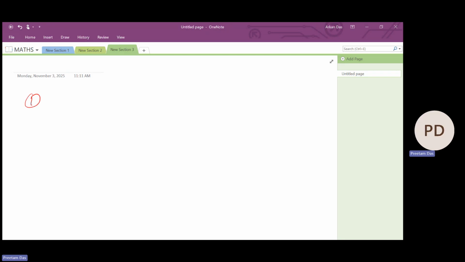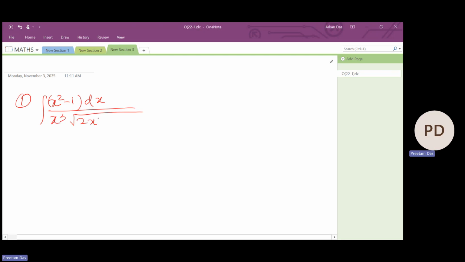So it says integral of x square minus 1 dx, dx by x cube square root of 2x raised to 4 minus 2x square plus 1.